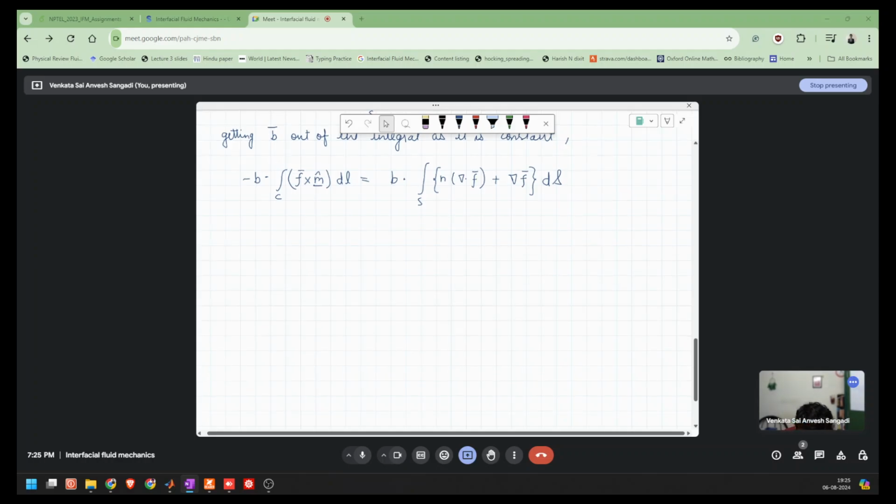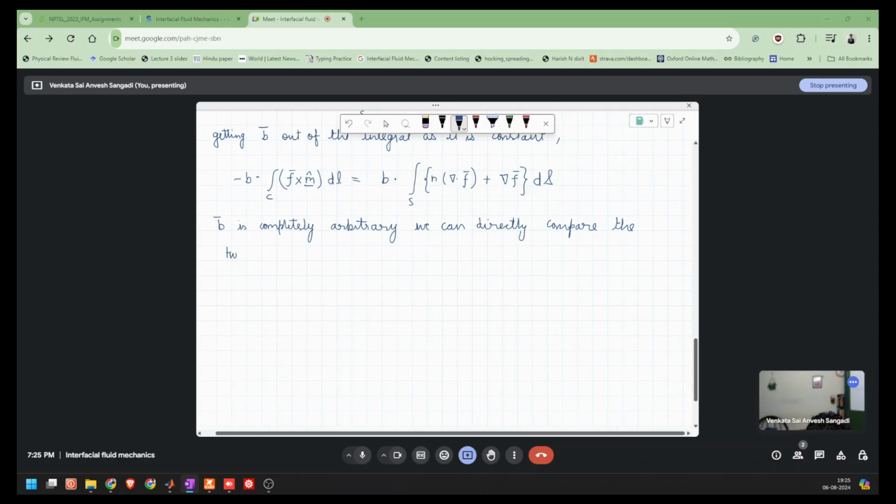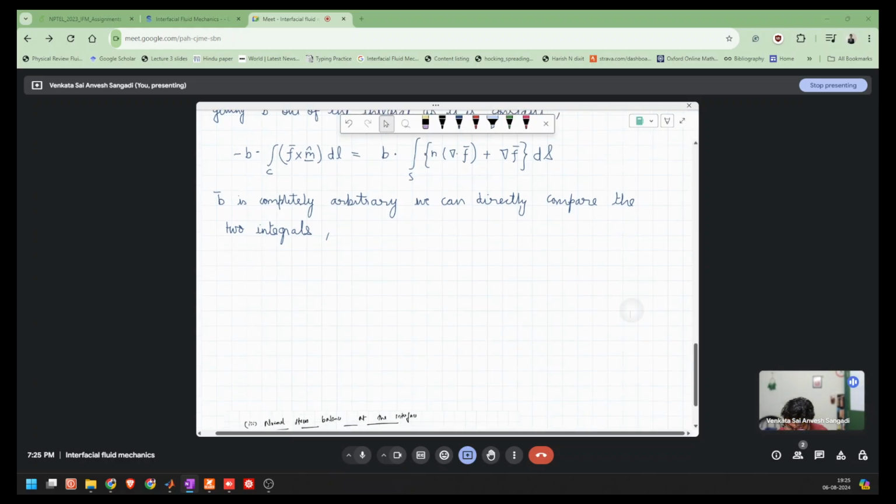As we have said in the initial statement as an assumption that B vector is completely arbitrary, we can directly compare the two integrals.